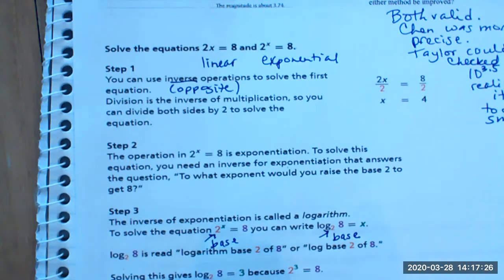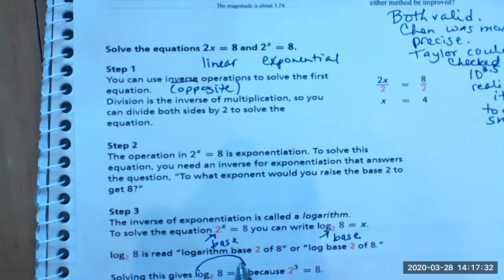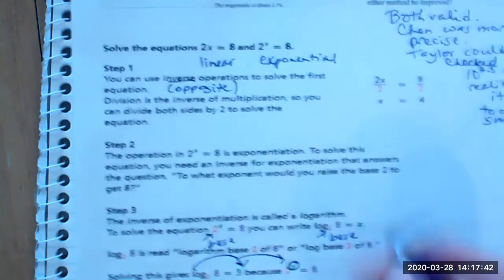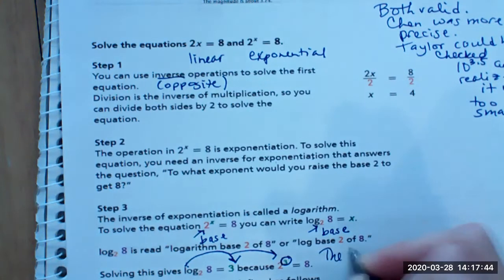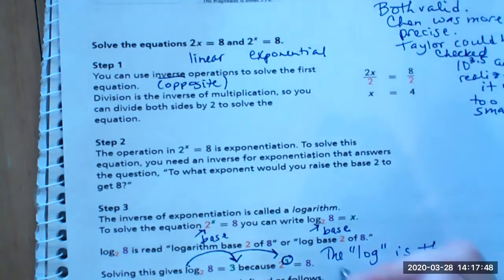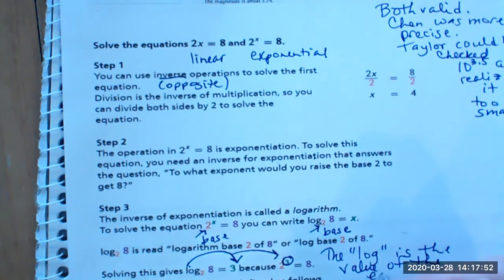Basically, what we have to understand is that the value of the log is the value of the exponent. So when we're dealing with a logarithm, we're solving for the unknown exponent. The log is the value of the exponent.